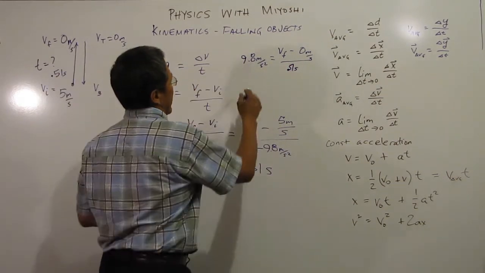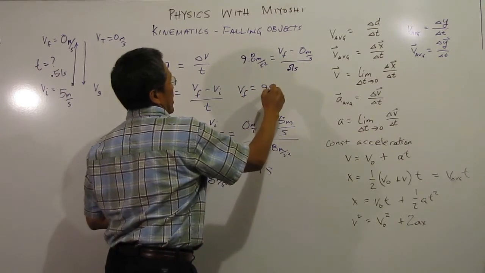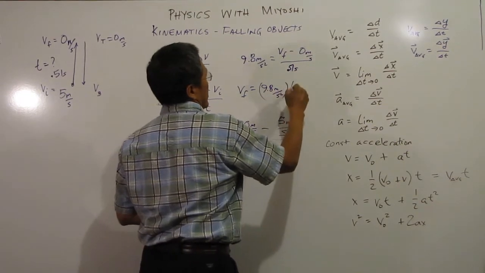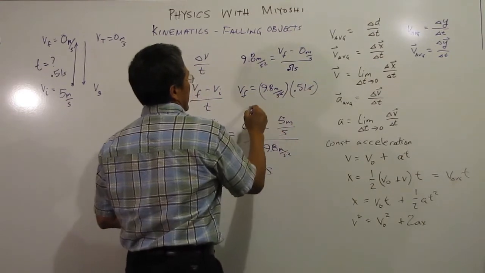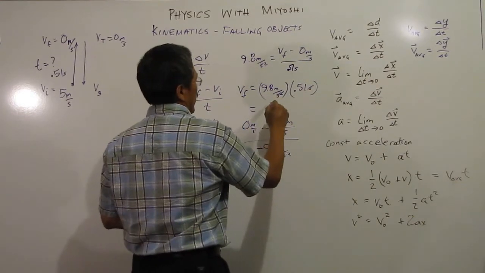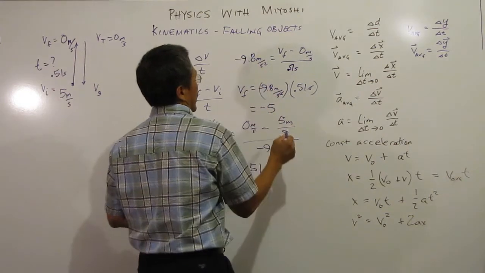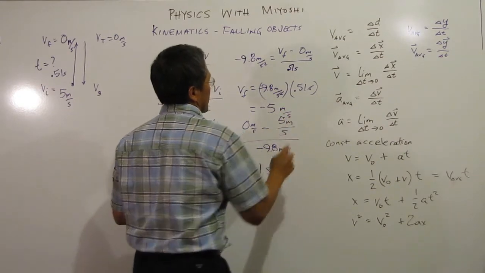So my v final is 9.8 meters per second squared times 0.51 seconds, and that should give me a final velocity of negative 5 meters per second.